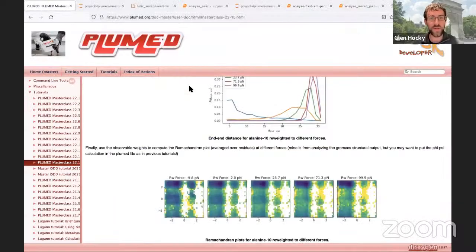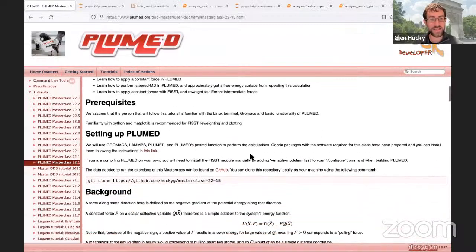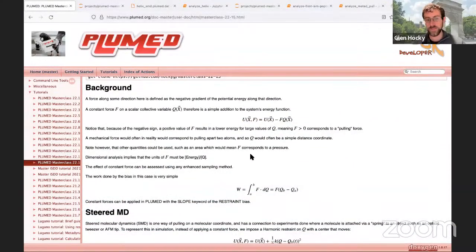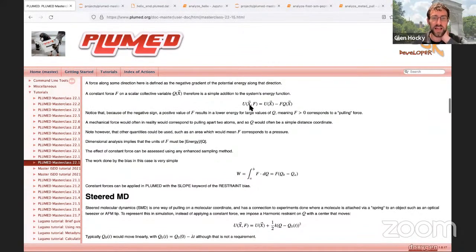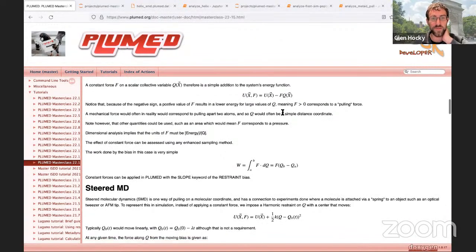Okay, so first let's go back to this masterclass that I set up. And some of these points were just touched on by Guillaume. So first we talked about how to apply a force in PLUMED. You basically take your potential and then you add a force times some collective variable, which we'll show how to do.